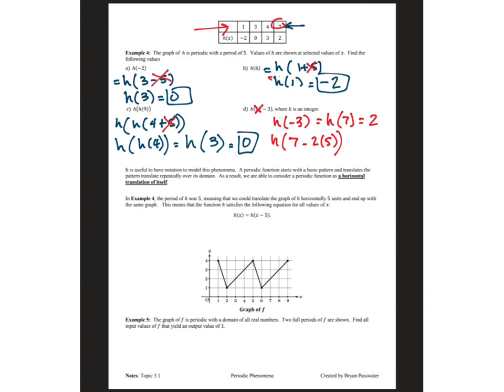Not quite enough. 7 minus 5, I get negative 2. But if I do 7 minus 10, I make the negative 3. So k must be 2. If k is 2, then we're working here.